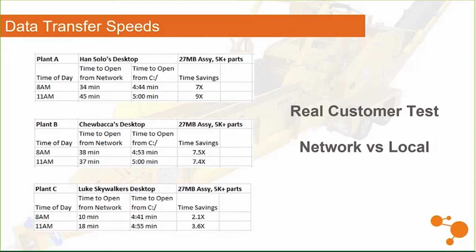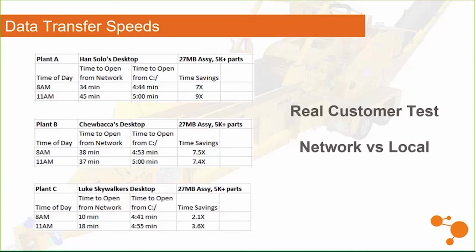But I think the thing to note here is they all said, we spent all this money on great PCs, and they're all identical. And sure enough, when we got them to run a physical test to get it to a local machine, you can see all of their times to open are within 4 to 5 minutes. Now, again, that's still a pretty lengthy amount of time, and there are other things we'll talk about today that they definitely needed to do as well.